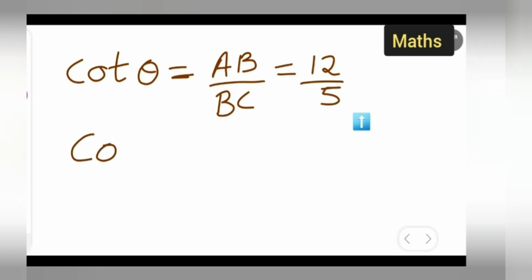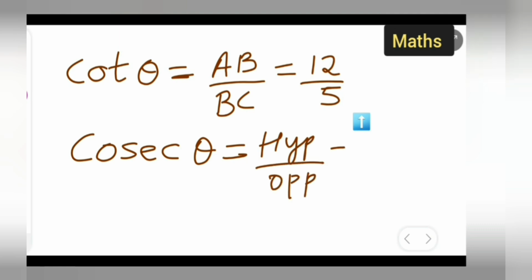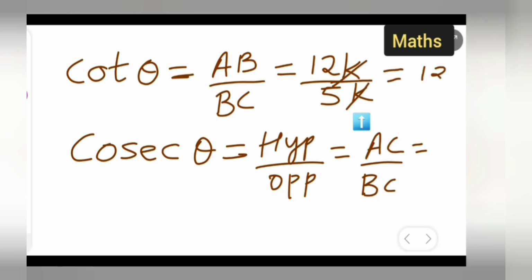Next, let us find out cosec. Cosec theta is equal to hypotenuse upon opposite, which means AC upon the opposite side, that is BC. AC is nothing but 13k and BC is 5k, as we found out.